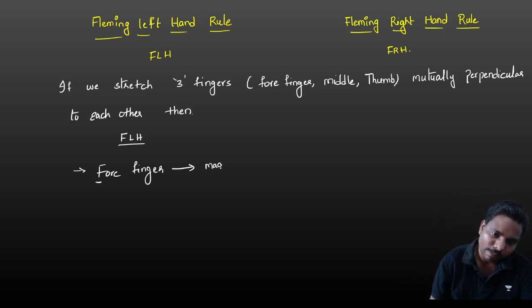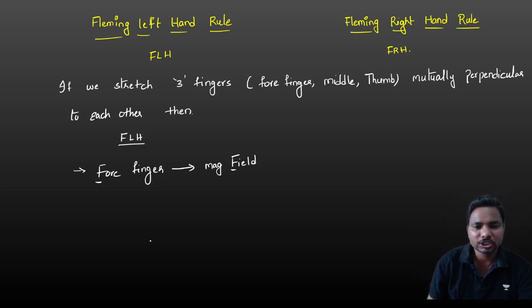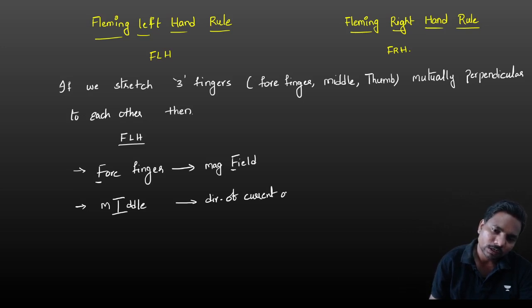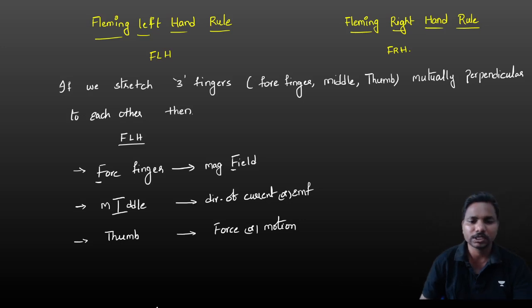Field in the sense magnetic field. Second one, middle finger. Remember like this: I is the indication, I is the direction of current, or EMF. EMF means electromotive force. And the third one, thumb. Thumb gives the direction of force or motion. Okay, in which direction it is moving.